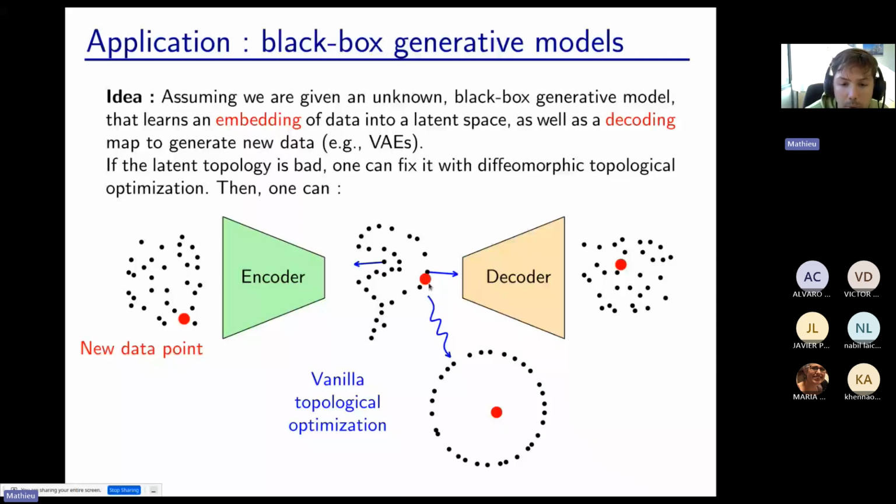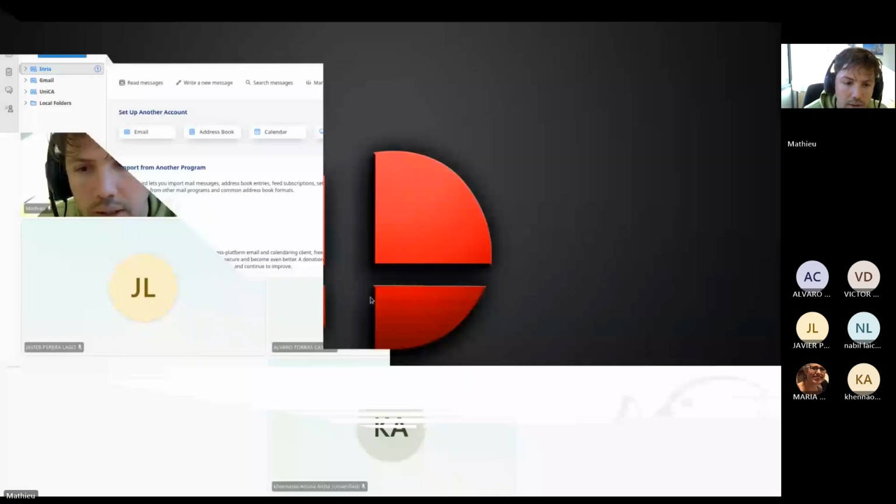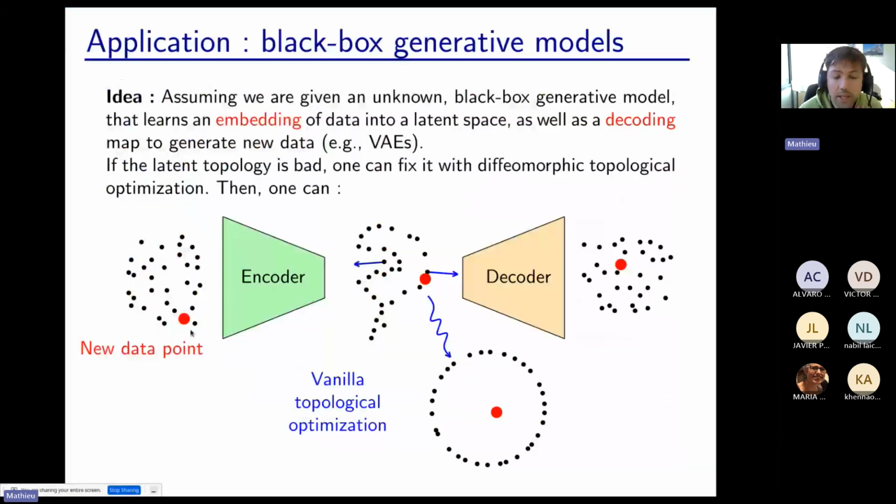Remember those blue arrows that I obtained from vanilla topological optimization, they are only defined on the critical points. So generically, with high probability, a new point will not land exactly on a critical point. So if I apply the sequence of gradients, my point will not move. It will stay where it was at the beginning, so I cannot actually push it along the circle.